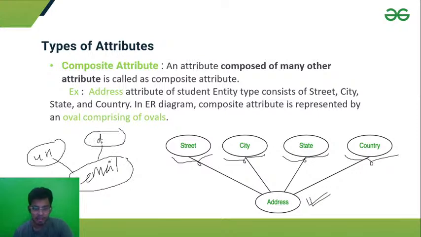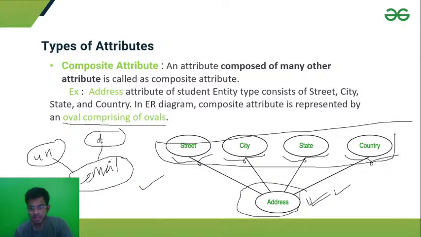So email can be a composite attribute because it can be divided into one or more attributes. Email and address are called composite attributes. It is represented by ovals comprising other ovals.